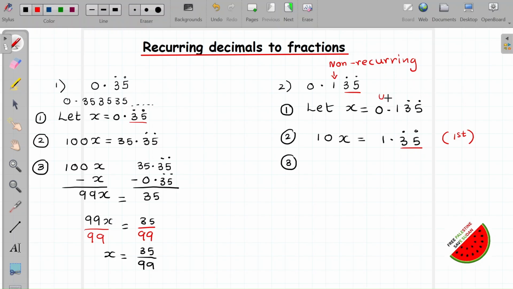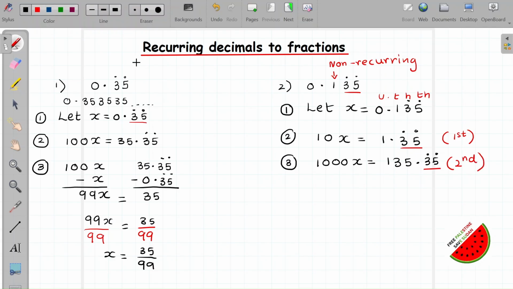Look at this: units, tenths, hundredths, thousandths. This number is in the thousandths place, so I'm going to multiply it by 1,000. So 1,000x is going to be 135.35 recurring. Again, after the decimal point, I've got the 35 recurring, and that's my second multiplication.